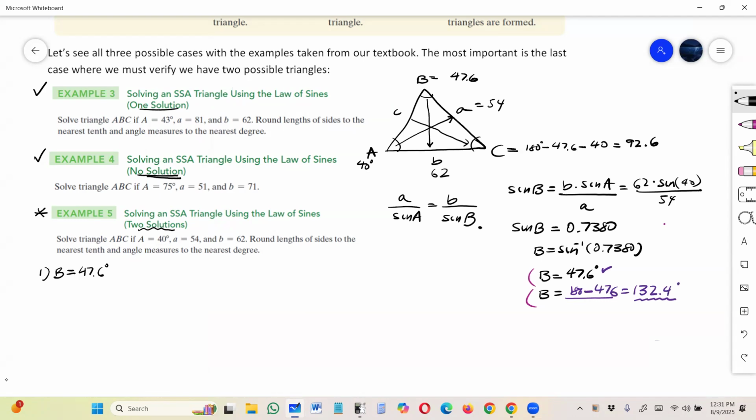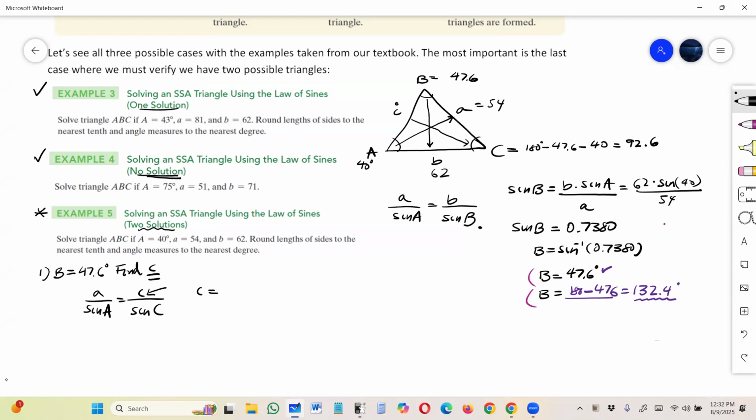So I have all of the angles. I have two sides. I only have to find side C. All right, so I'm going to find small c. I'm going to use the A ratio again. So this is A over sine A, C over sine C, and I am solving for C. So I'm just going to cross multiply everything by sine C, and I have my answer.